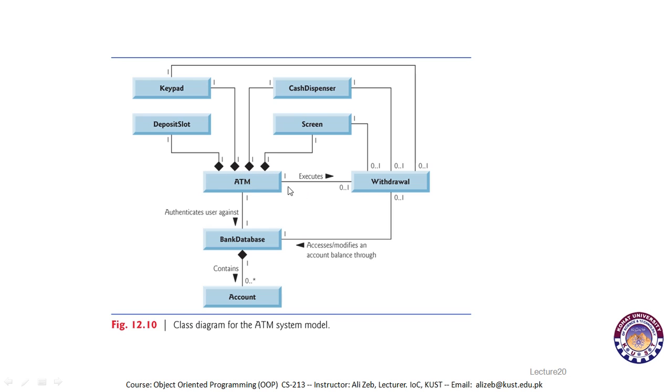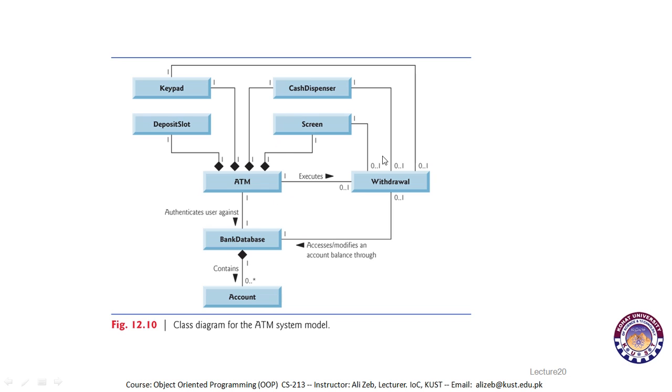Then the withdrawal has the executes relationship with the ATM. The ATM will also have a relationship with the bank database. It will authenticate the user against the bank database. And then the bank's database contains the account. In this case the bank database will have an object of the account class, since the bank's database contains the details of the account.